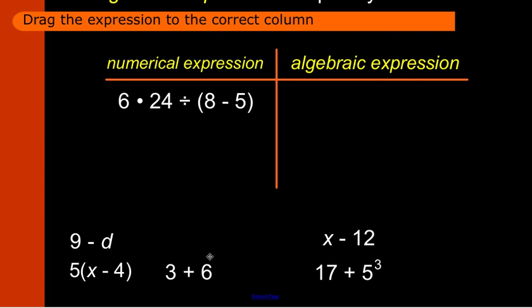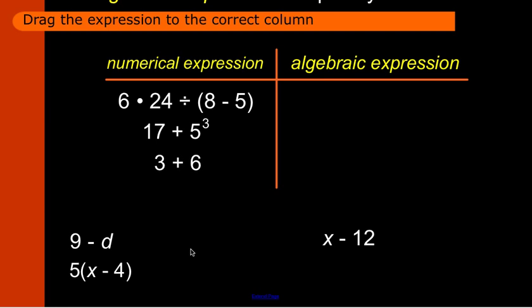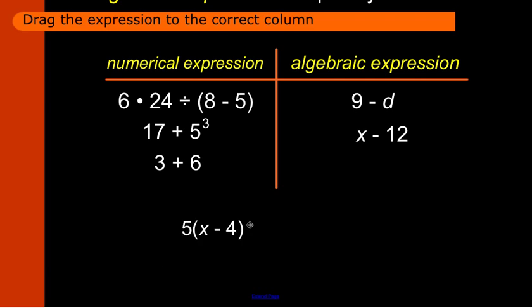This has numbers only. There are two others. Can you figure out which two they are? Which leaves the rest to be algebraic. A letter D, letter X, and another letter X. Those are all algebraic.